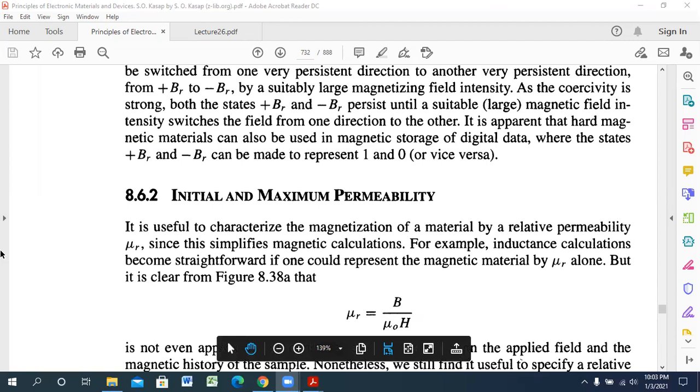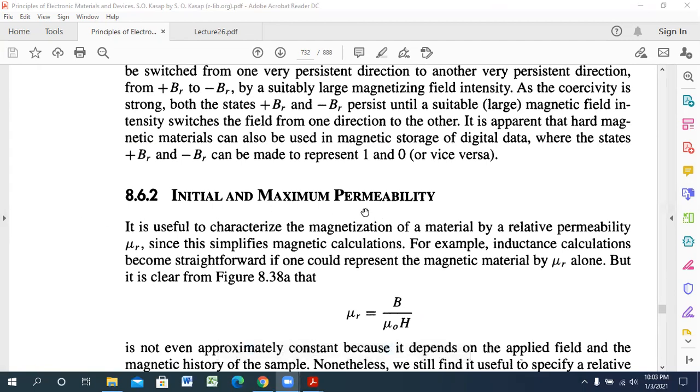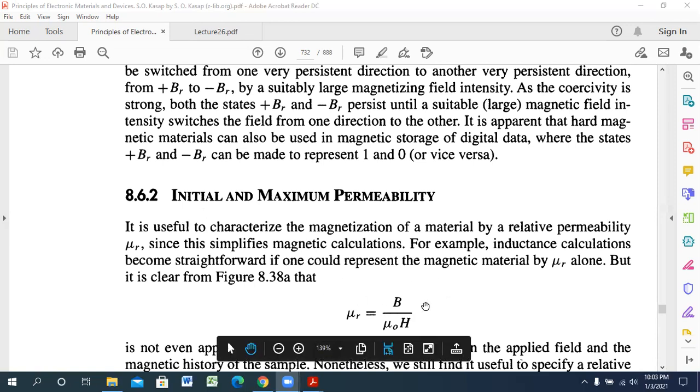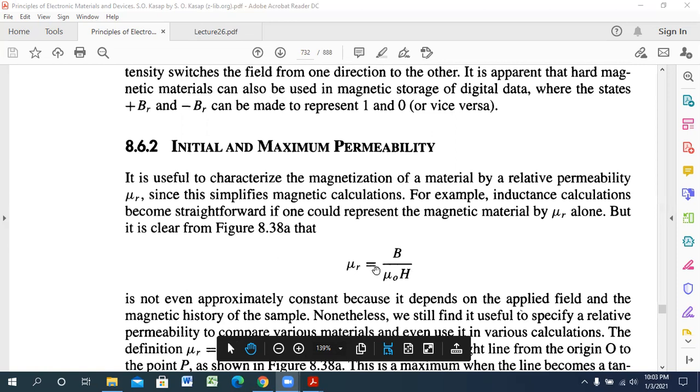Next one is article number 8.6.2, the initial and the maximum permeability. If we want to identify the value of mu r, that one is the relative permeability, which equals B divided by mu naught H, right?